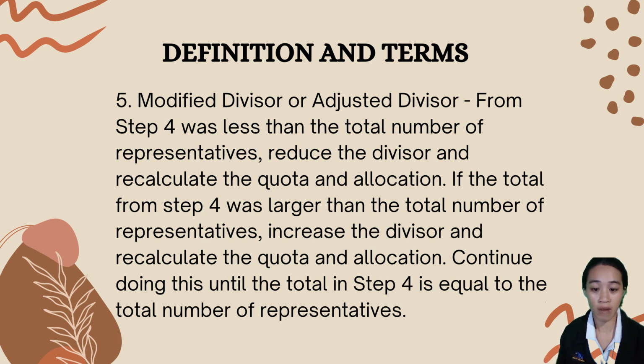If the total from step 4 was larger than the total number of representatives, increase the divisor and recalculate the quota and allocation. Continue doing this until the total in step 4 is equal to the total number of representatives.